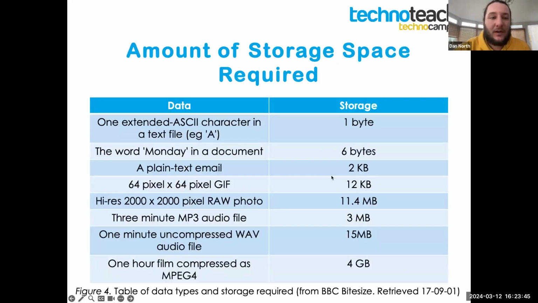So a 3-minute MP3 file, your average 3-minute song, requires the transistors inside of your computer or your MP3 player or your phone to flip on and off approximately 30 million times.